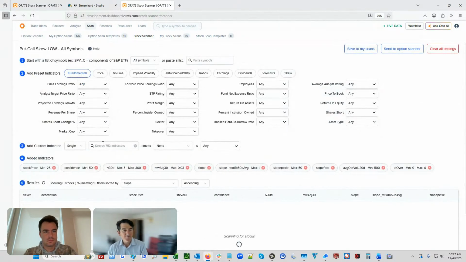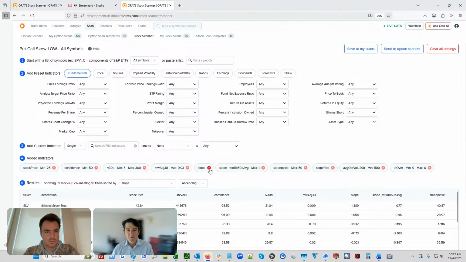Here's a put call skew that has minimum stock price, high confidence, volatility between a reasonable range, slope. Now slope percentile, that's high. Slope forecast, slope to ratio.